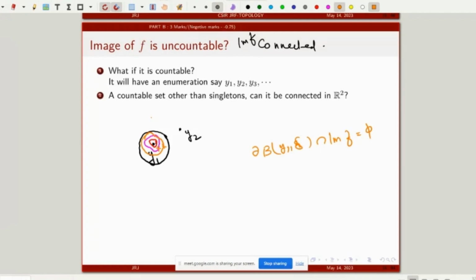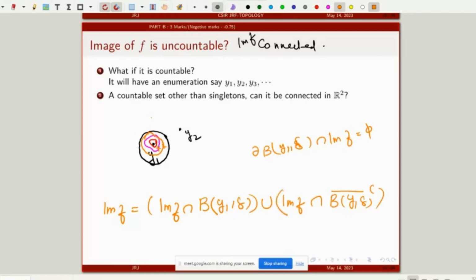Okay. Now we are making use of this ball to give a separation for the image of F. That is, we can write the image of F equal to the image of F intersection with the ball, union the image of F intersection with B(y1, delta) closure complement, union the image of F intersection with the boundary.